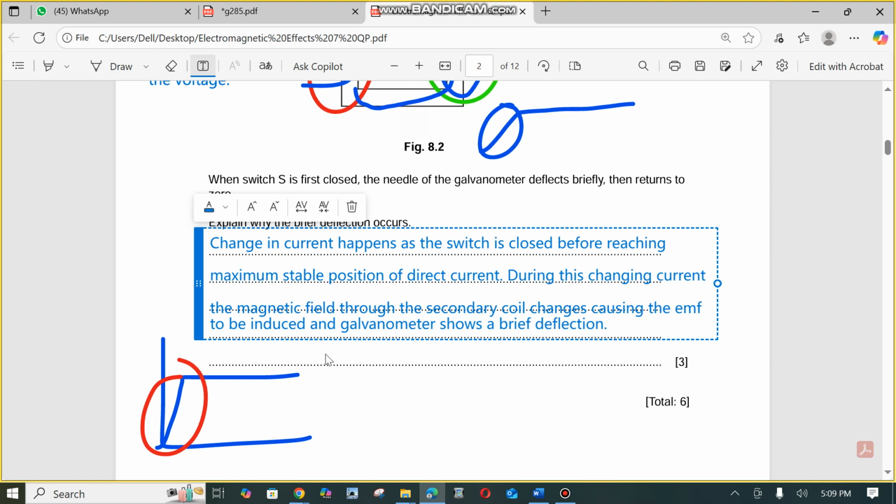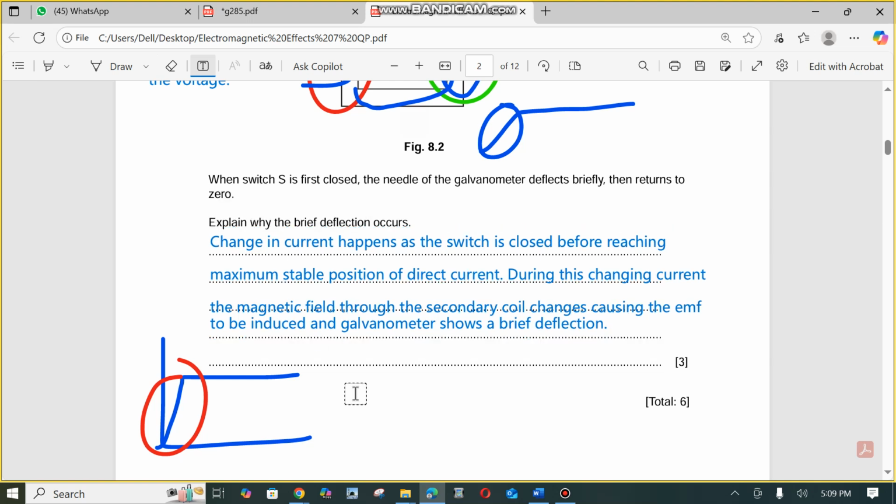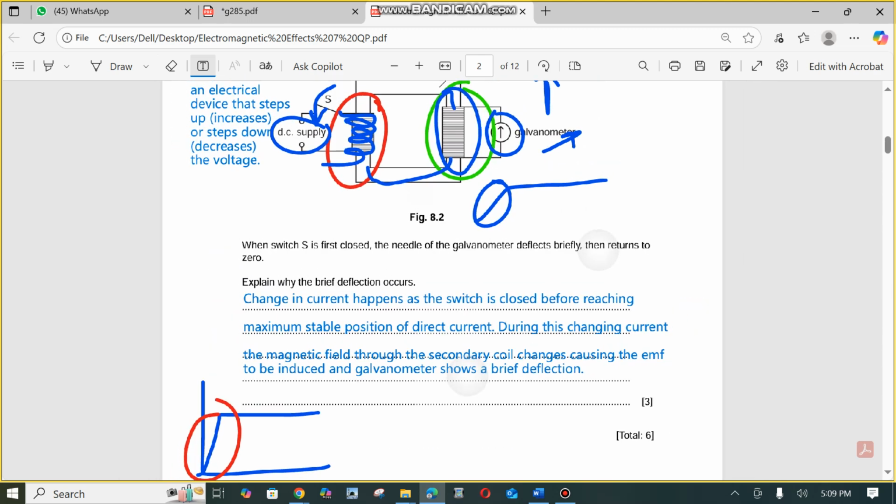Ultimately it reaches a maximum stable value, so it no longer causes a deflection. Please ask if there are any questions.